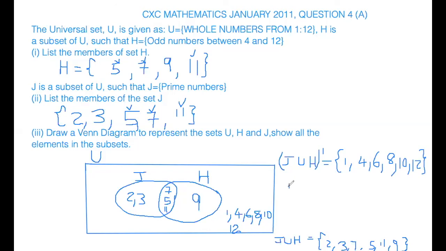We could also ask for H complement. H complement is asking what is outside of set H, so all the elements that are not in H. Look at this: 2 and 3, because 7, 5, and 11 are in H, and 9 is in H. So it would be 2 and 3.